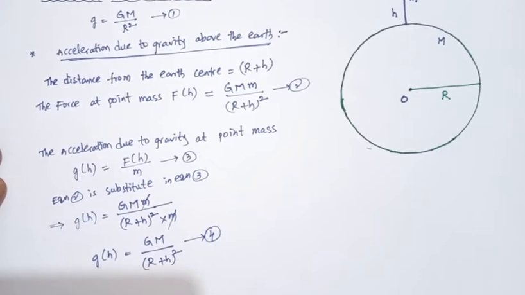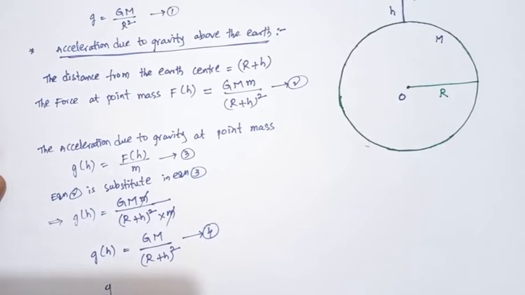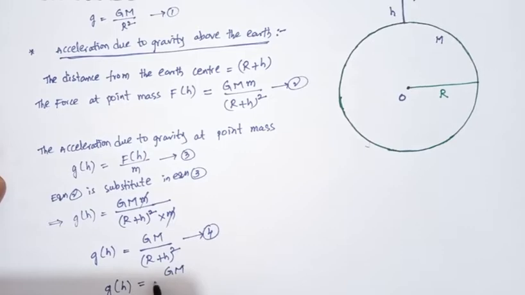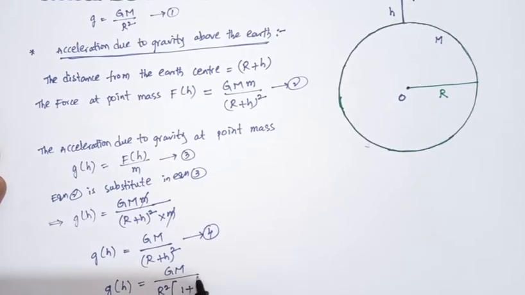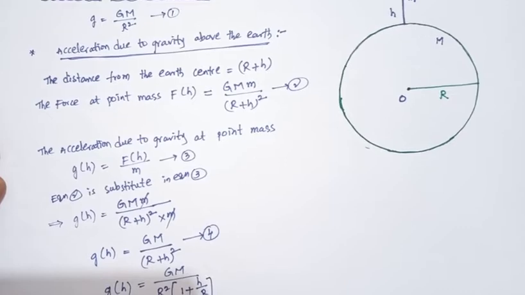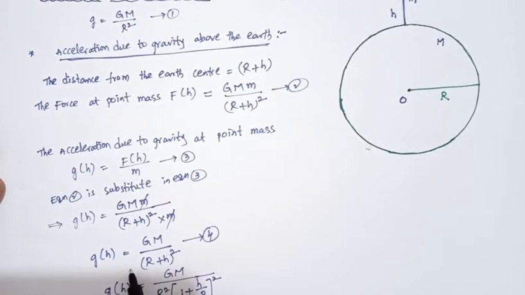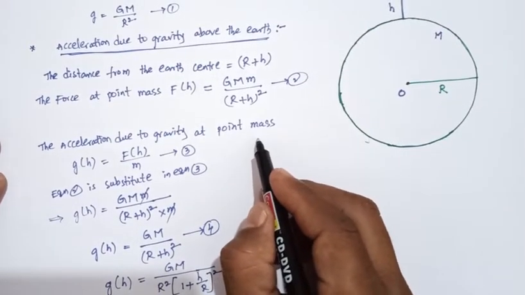So then g of h equals GM by R square common, 1 plus h by R whole square.